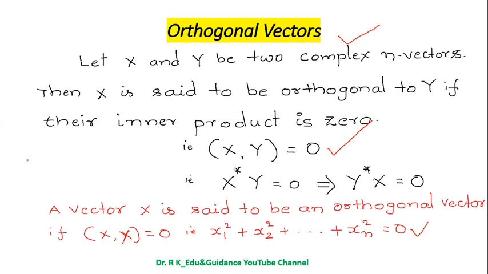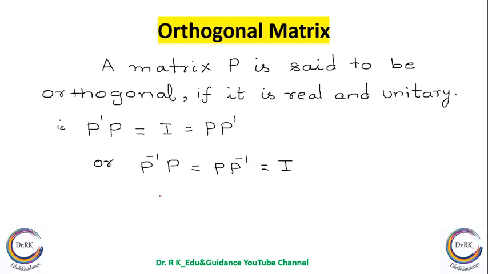Suppose with respect to two vectors, one vector is x, the other is y, and the inner product equals 0, then these two vectors are called orthogonal to each other. Then orthogonal matrix: if P transpose P equals P into P transpose equals the identity matrix, then P is called an orthogonal matrix.